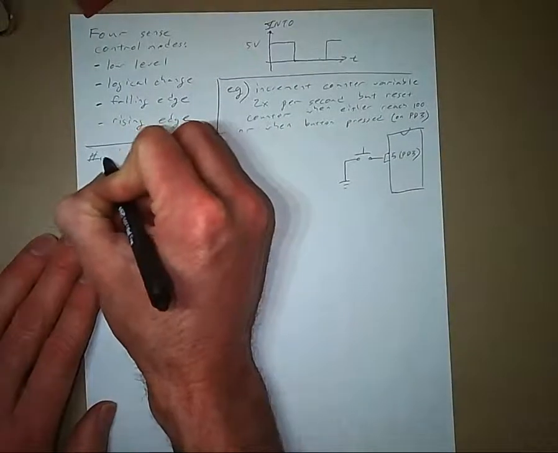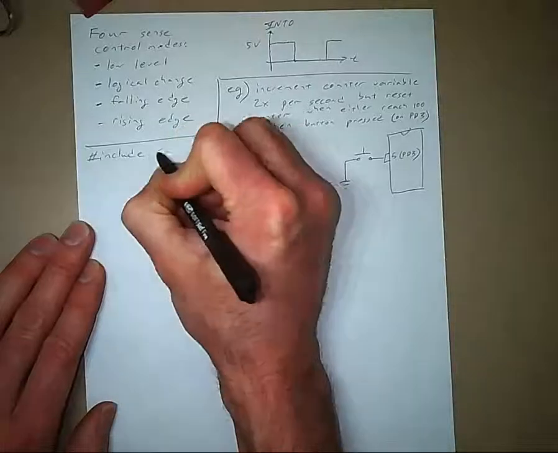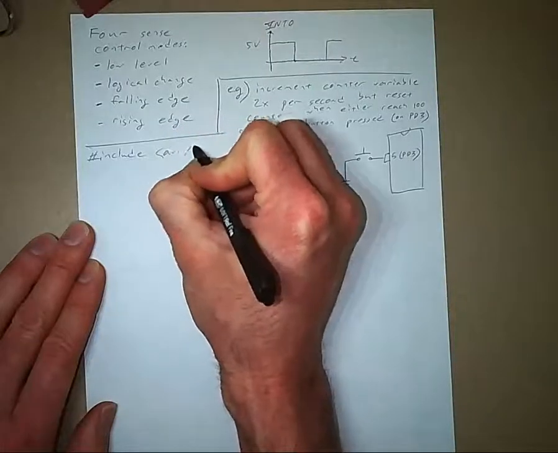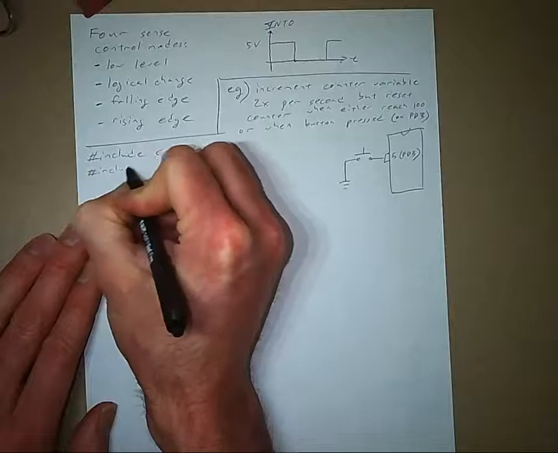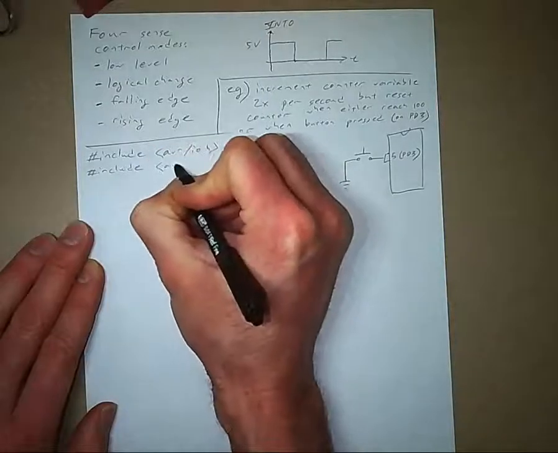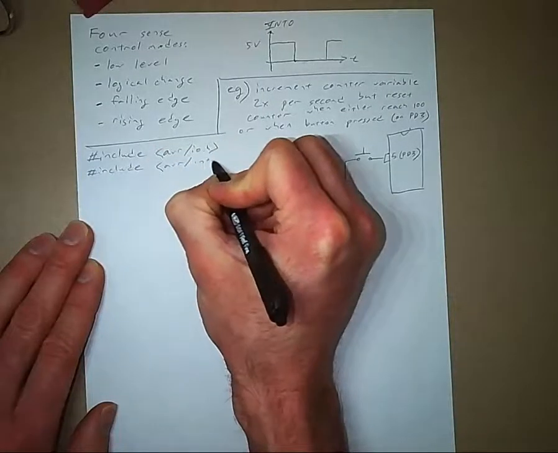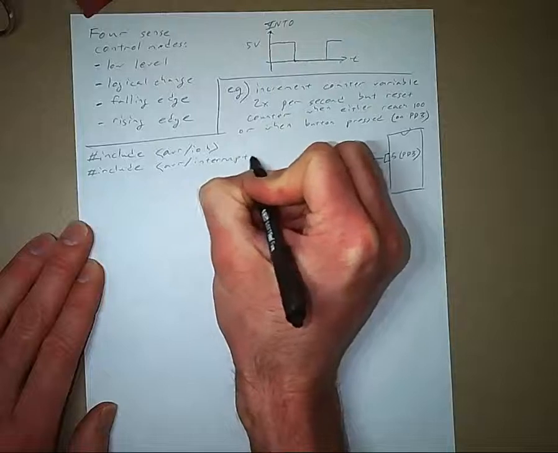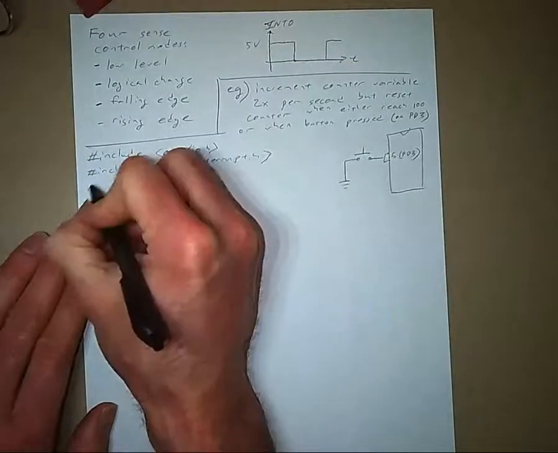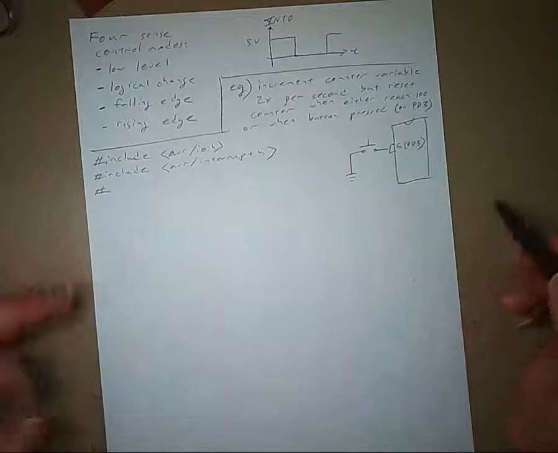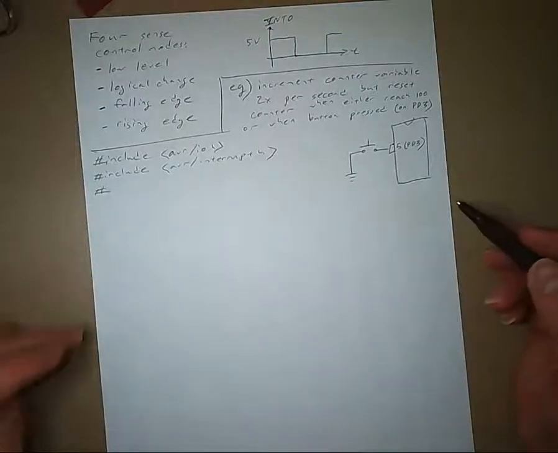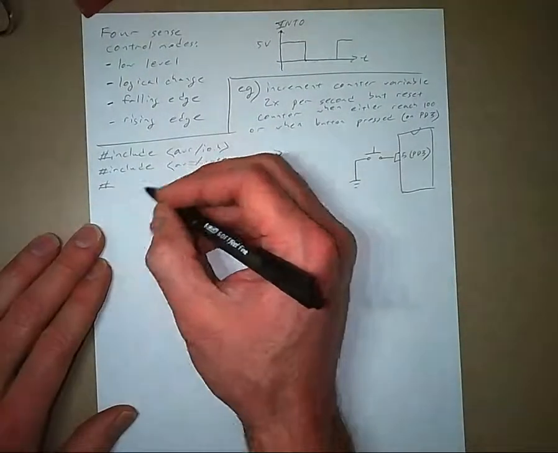So we're going to include io.h. We're going to include interrupt.h. And to get this delay for the counter, we'll just use the _delay_ms function, just to keep things simple.